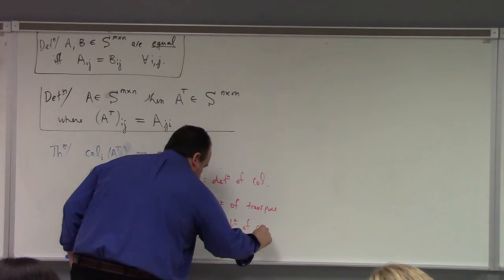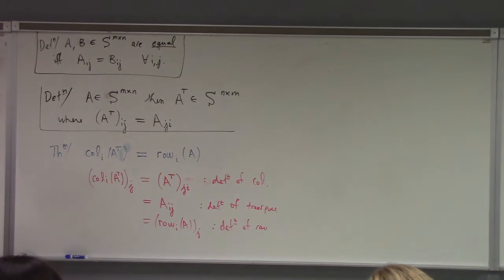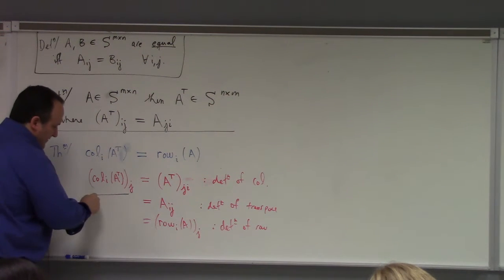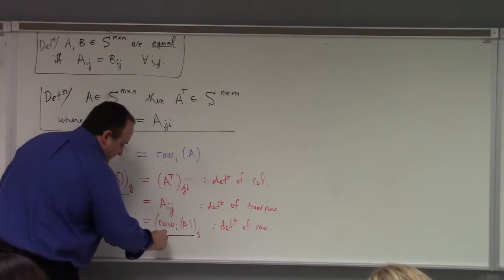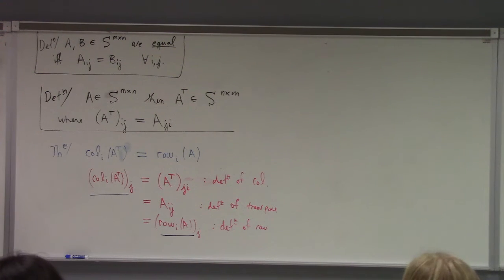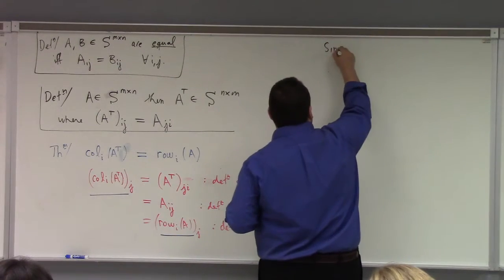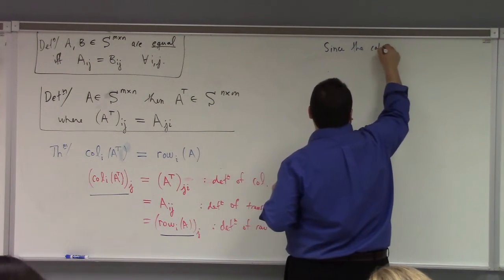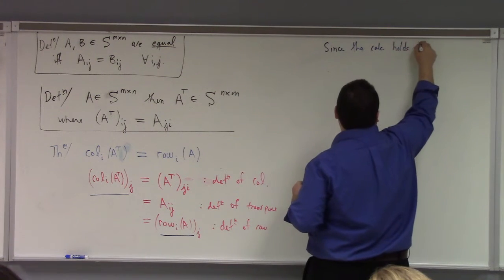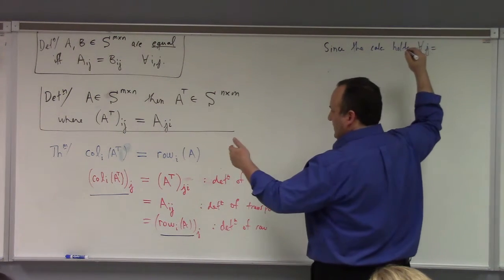Definition of row, right? Now look at what we have. We have that the jth component of this column vector is the jth component of the row vector. These two vectors have the same components for each j. This holds for all j, so therefore what? In this context, j would be equal to what?